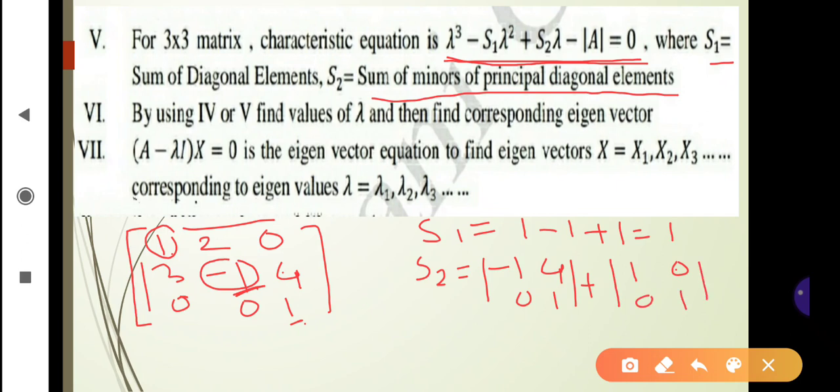The minor of the third element, skipping the third row and third column, is the determinant 1, 2, 0, 0. After solving these determinants, we get s2, the sum of minors of principal diagonal elements. Then find the determinant of A, put the values of s1, s2 and the determinant in this equation and solve for lambda. We get the three values of lambda, called eigenvalues.